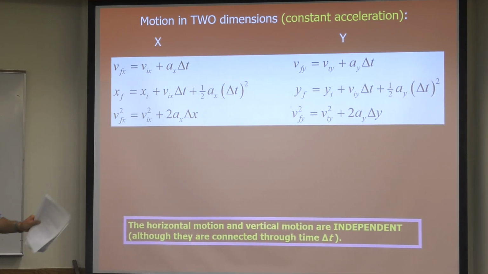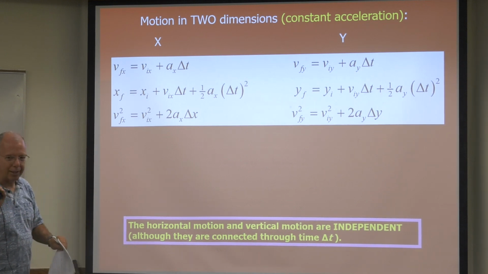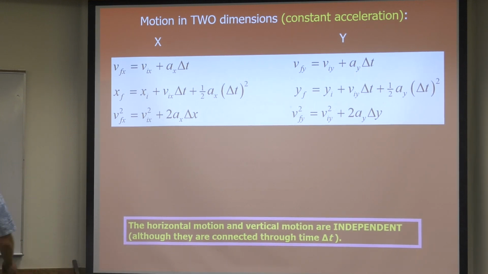But let's be a little lazy. We want to talk about free fall, but not yet. We'll get there in a minute. So let's just consider a special case. Let's say that we want ax to be 0 and ay not to be 0.